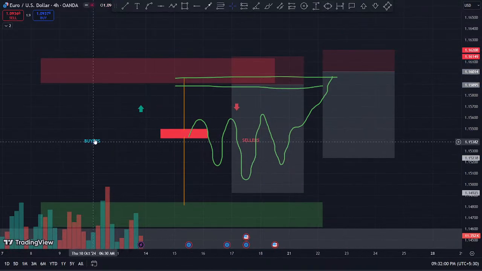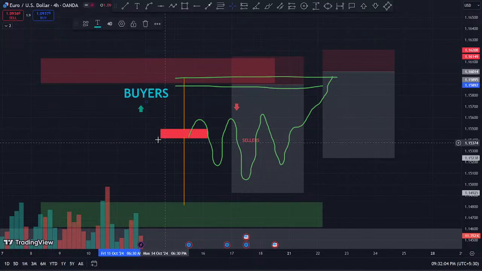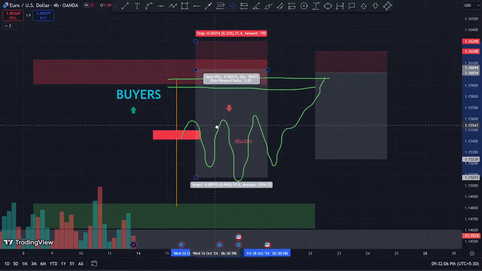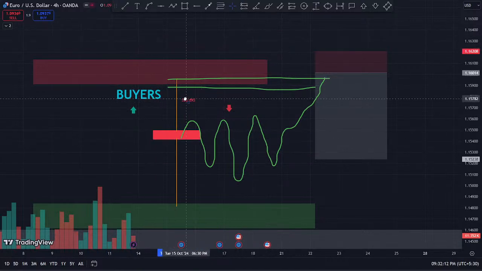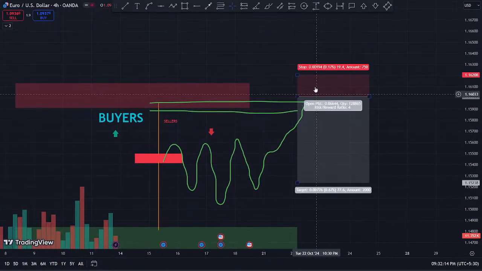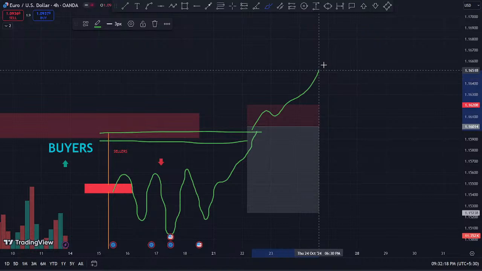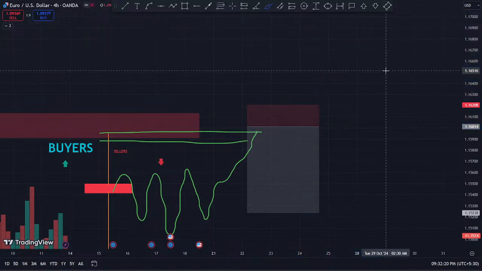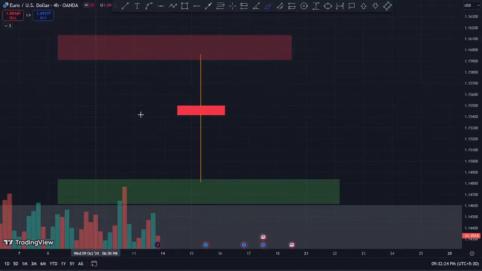So now what do we have? We have more buyers and fewer sellers. What does this indicate? The market is shifting its character, so now we expect the price to move way up. This is the working model of a doji candle.